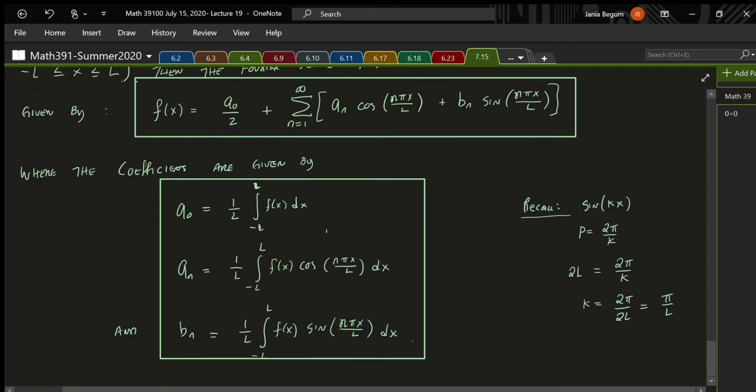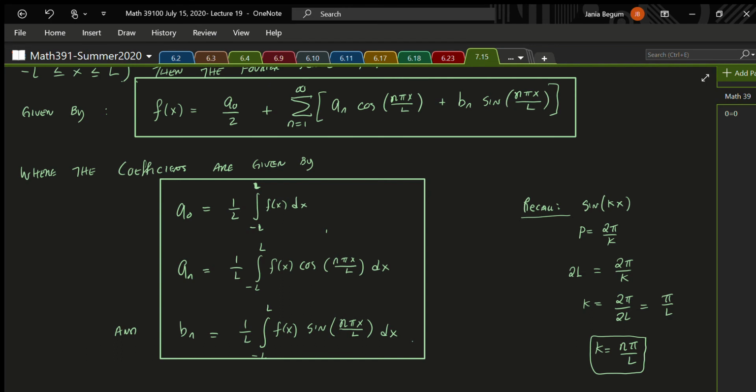Now because sine of 1 pi over L gives a value, then I can do sine of 2 pi over L, sine of 3 pi over L, 4 pi over L, and so on. So you can let the period be an integer multiple n of pi over L. That's when you will get all the solutions, as we think of for any trig function.